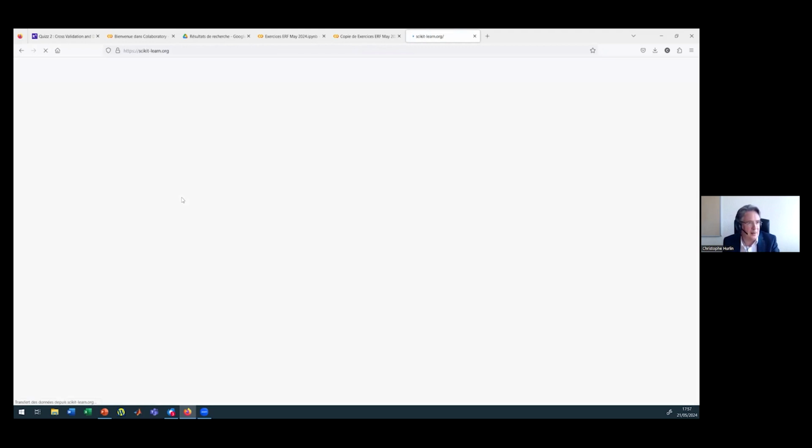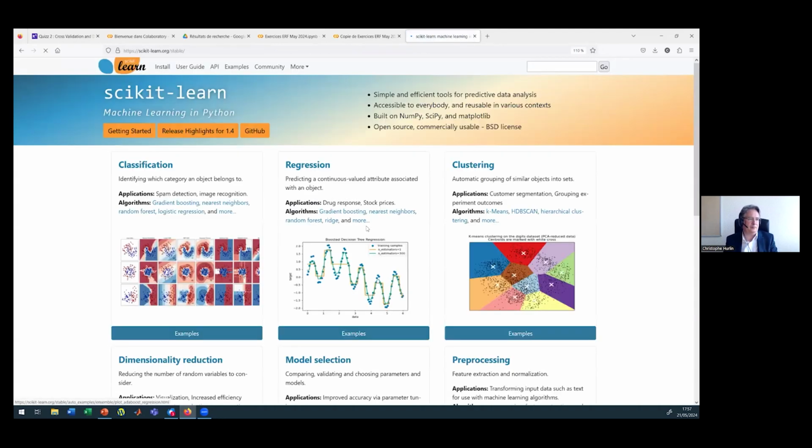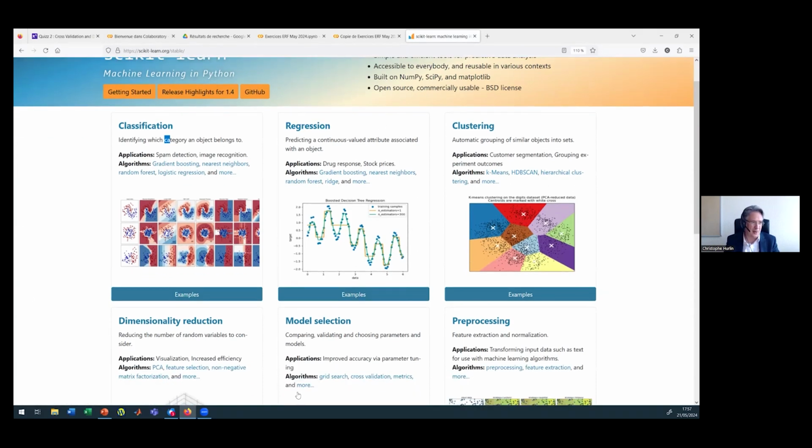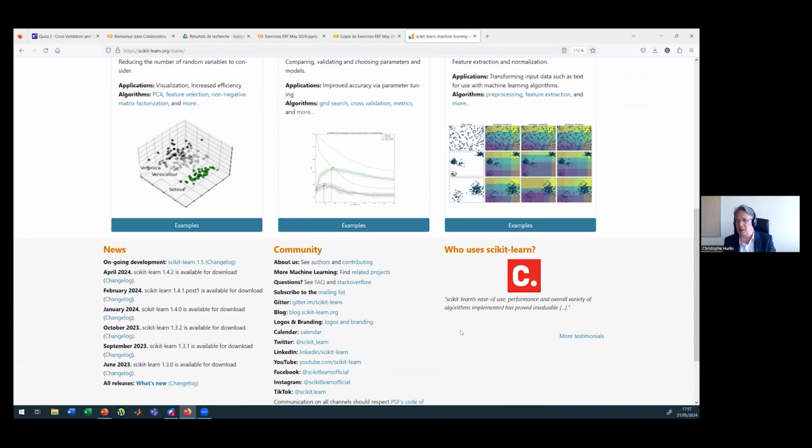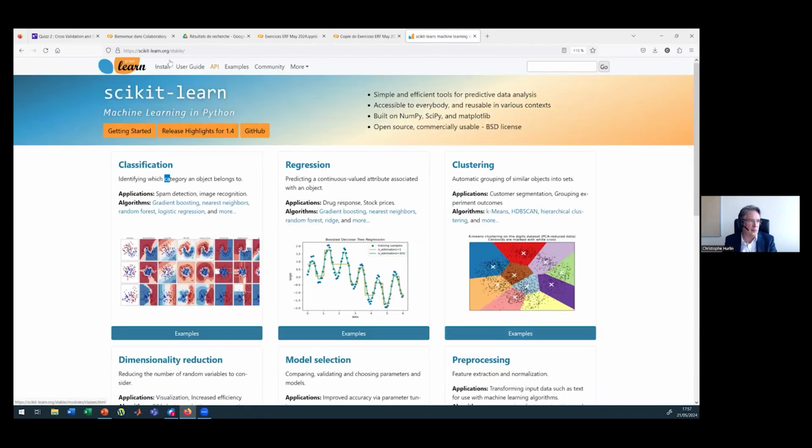Okay, and scikit-learn, I hope that you will understand everything in scikit-learn. You can do classification, regression, clustering, dimensionality reduction, model selection, pre-processing of the data, etc. And you have very good documentation. Why is scikit-learn very popular?